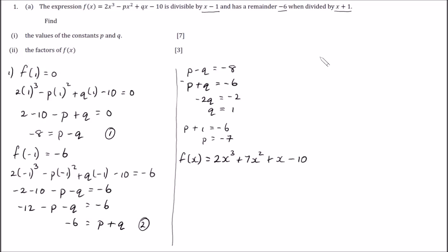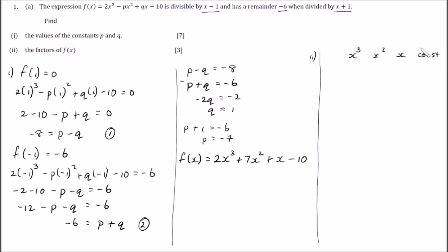Now for part 2, where we want to determine the factors. Notice we already know one factor, x − 1. So I'm going to simply divide my expression f(x) by x − 1, and that will give me my remaining factors.